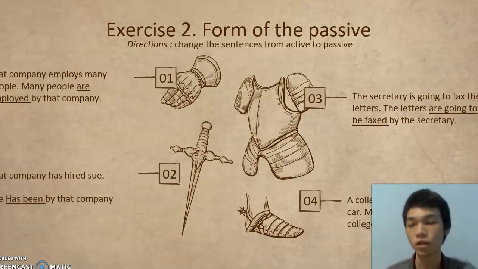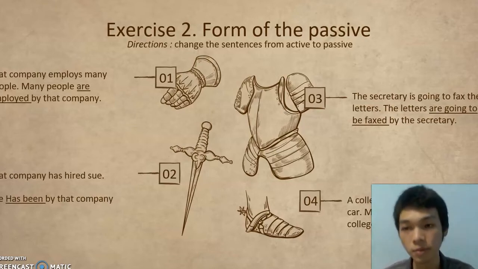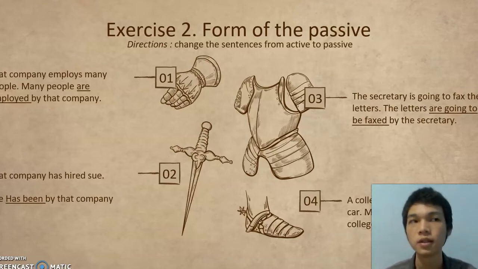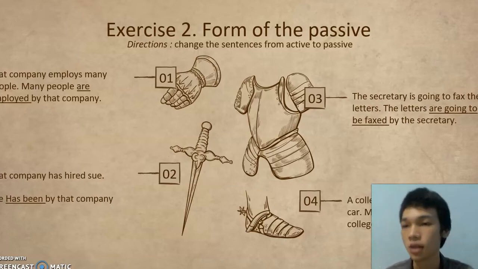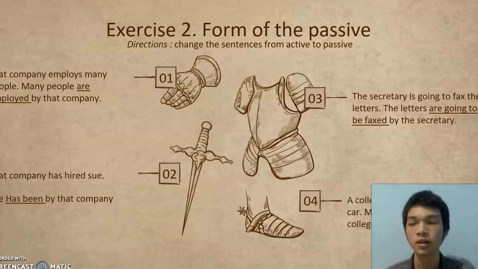For number 1, "The company employs many people." The passive is "Many people are employed." The be is "are," and the past participle is "employed." That's the form of the passive. For number 2, "The company has hired Sue." The passive is "Sue has been hired by that company."